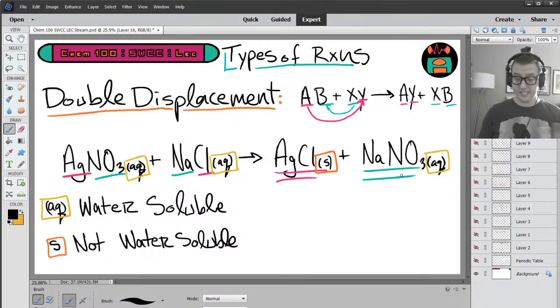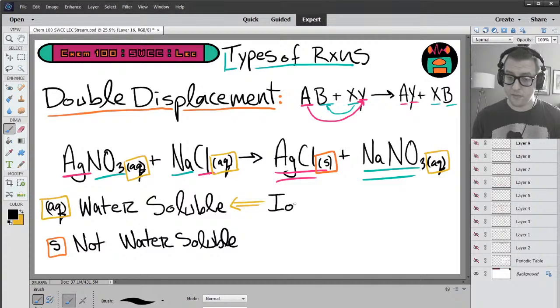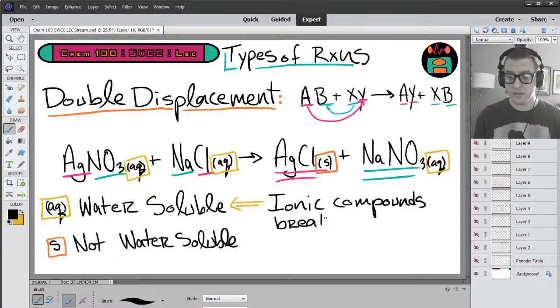That's the difference. Now, this is super clutch, because ionic compounds break apart in the aqueous phase.